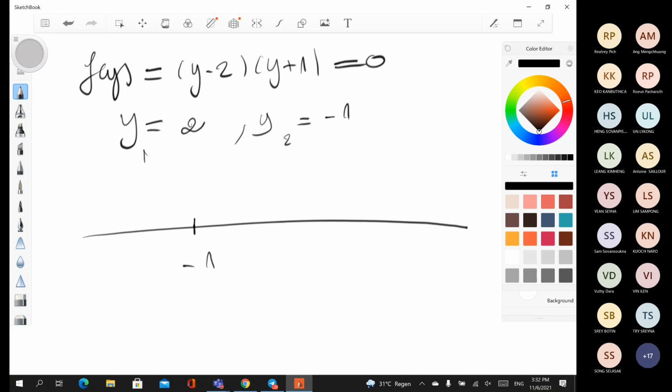Minus 1 and 2. If y goes from minus infinity to minus 1, is our system negative or positive? Negative. So you can replace the value into the system if it is less than minus 1.